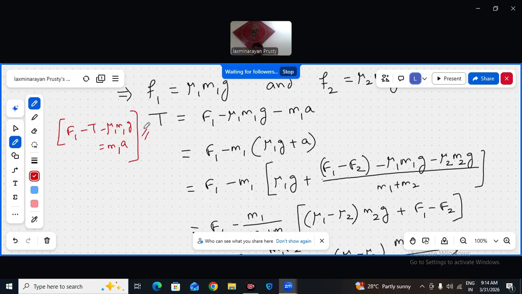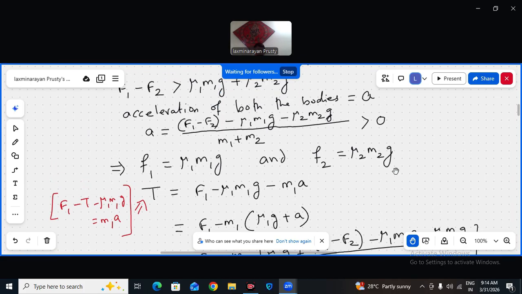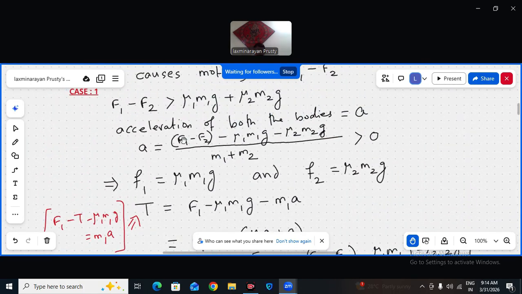So this implies T is equal to F1 minus mu1 M1 g minus M1 a. So F1 minus M1 common, mu1 g plus a, and a you can replace from the value found earlier.